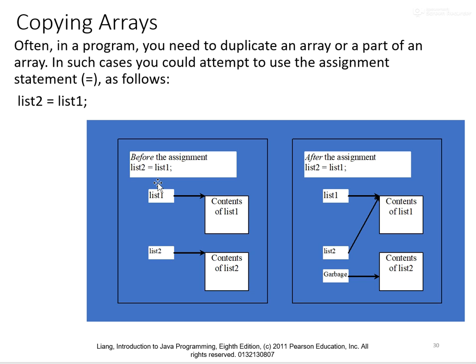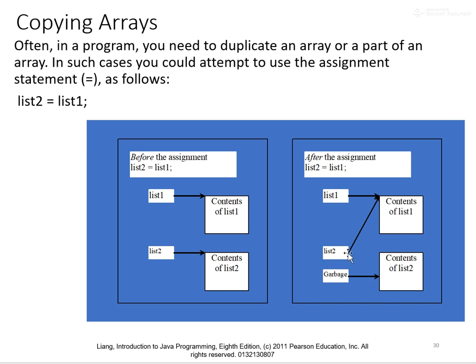Instead, what will happen is this. Let's say before, you have list1, one array, and you have list2 as the second array. When your code executes the statement list2 is equal to list1, what will actually happen is this. The list2 reference, instead of pointing to the second array over here, will start pointing to the same location in memory that contains the contents of list1.